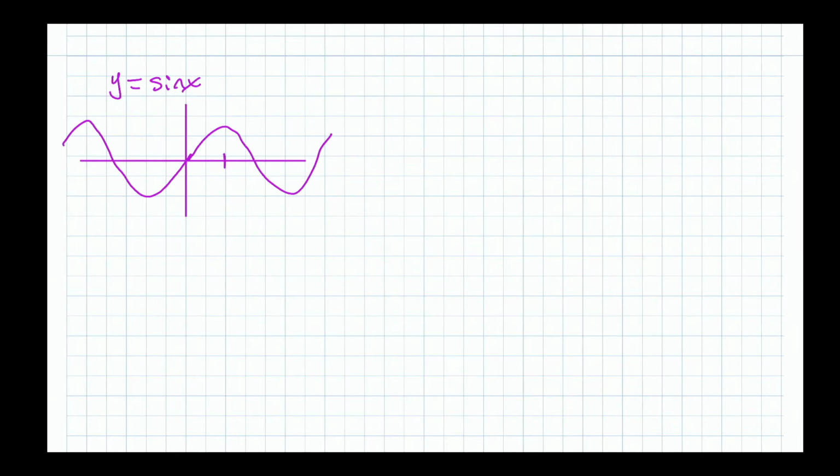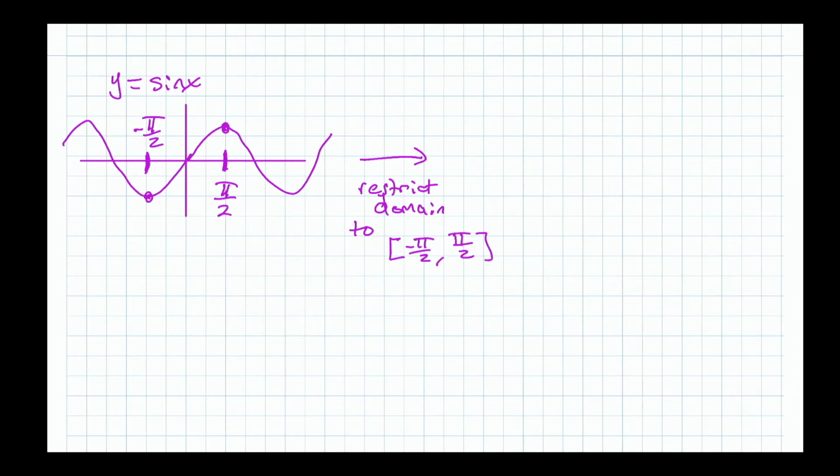But right here is pi over 2, and right here is negative pi over 2. And if you just take the section, so we're going to restrict the domain to negative pi over 2 to positive pi over 2, then we get a different graph.